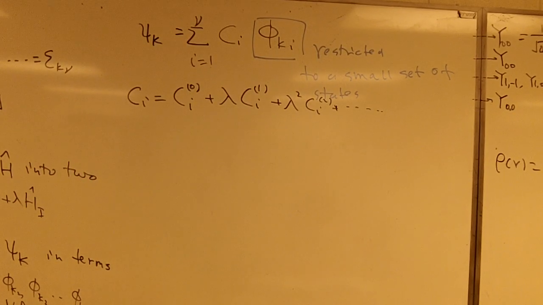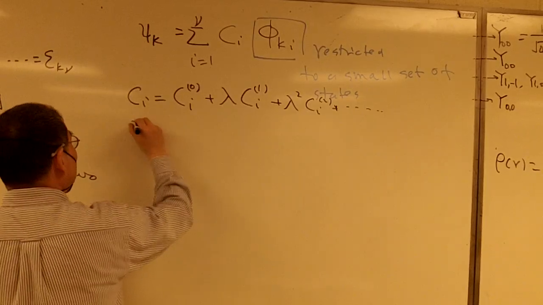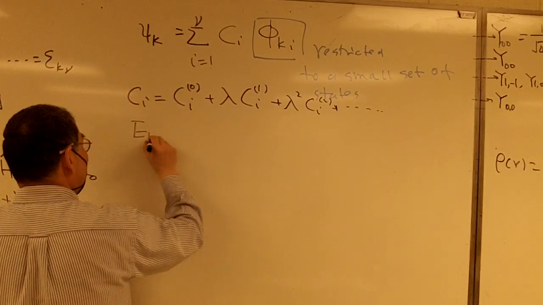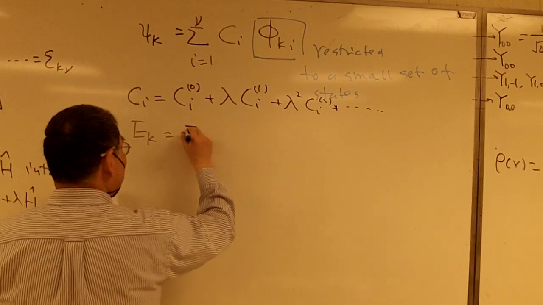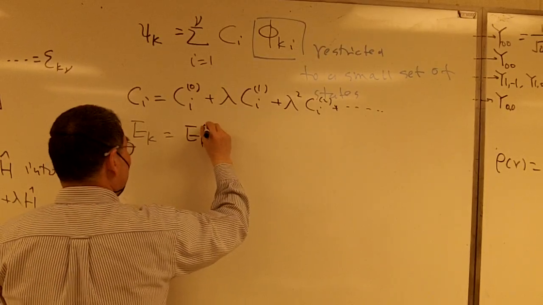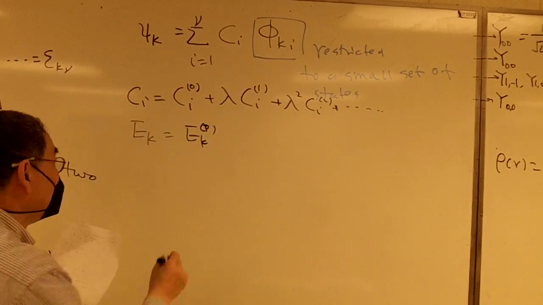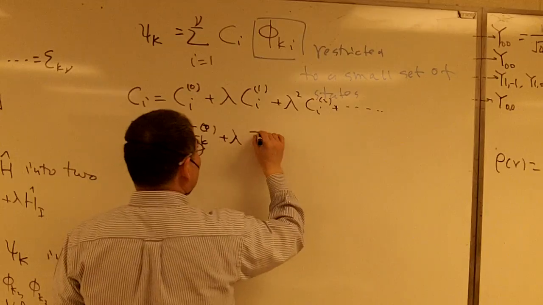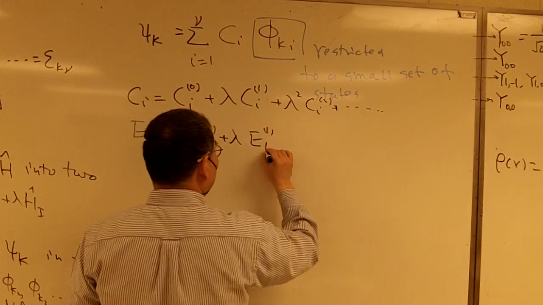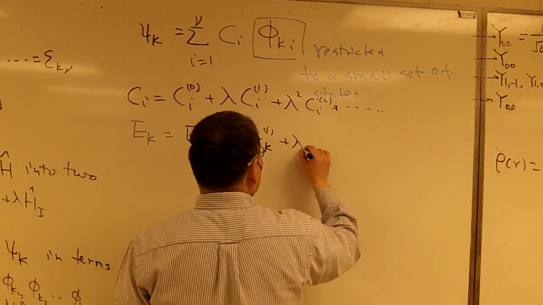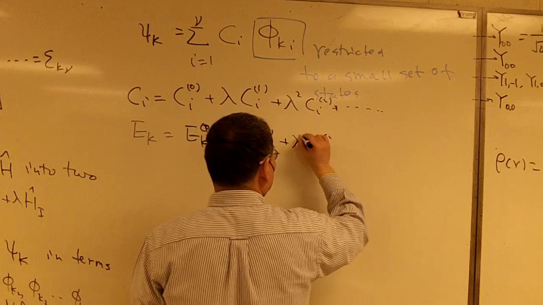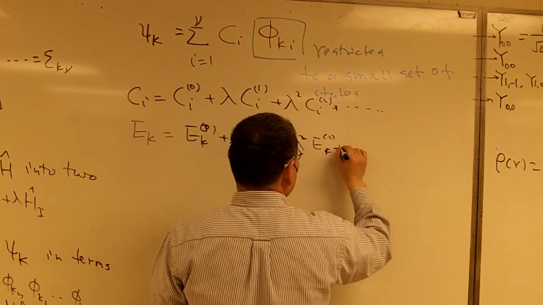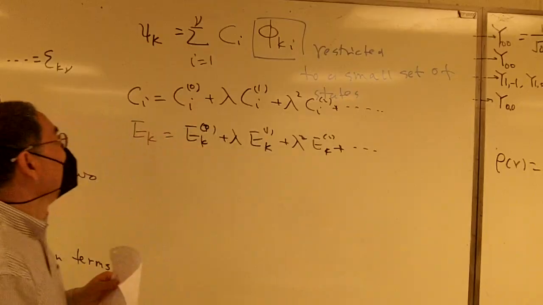That's what we did. And now the energy we expand in the following way. E k zeroth order, and then we do the same thing: first order, lambda squared second order, and keep on going like this.